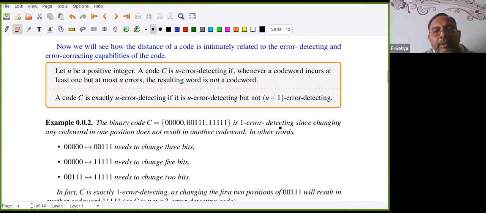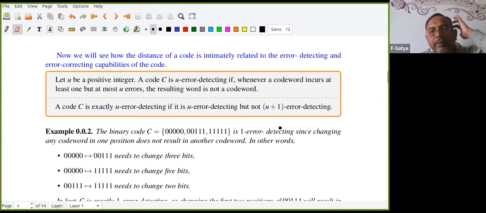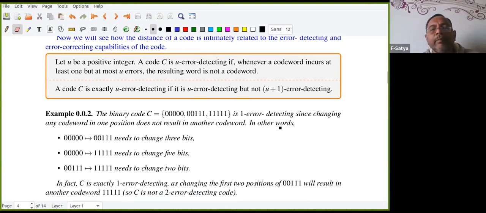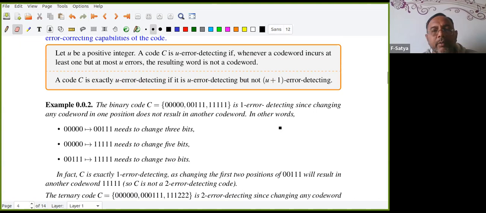Now, with the concept of distance, I'm defining something. Now we will see how the distance of a code is intimately related to its error detecting and correcting capabilities. Let u be a positive integer.